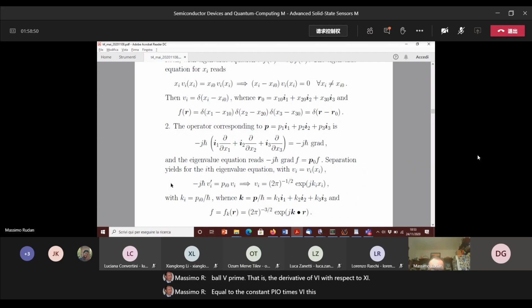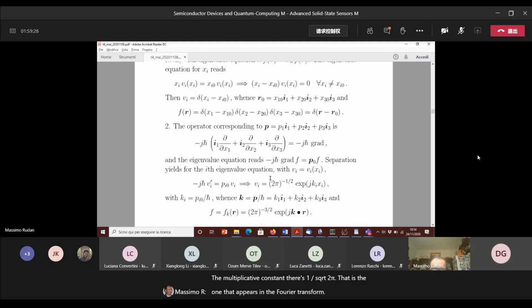The solution is obvious, is the exponential of j ki xi, in which ki is momentum divided by h bar, okay? Of course, the equation is homogeneous, so it is defined apart from a multiplicative constant, and for convenience, we select the multiplicative constant as 1 over the square root of 2 pi, that is the one that appears in the Fourier transform.